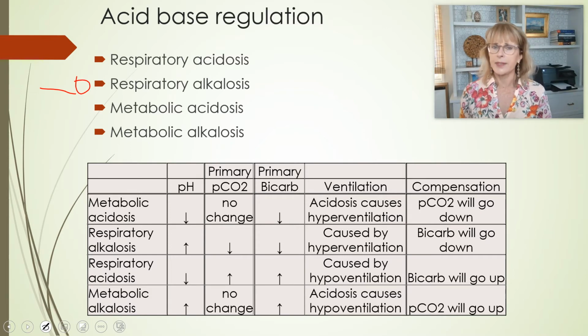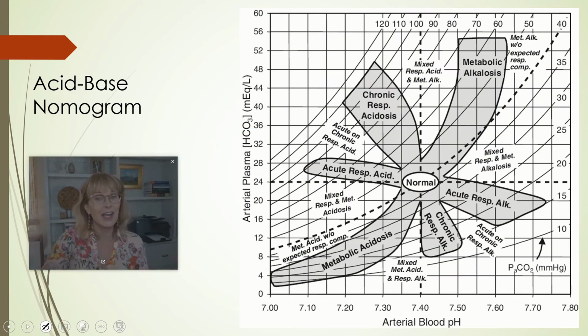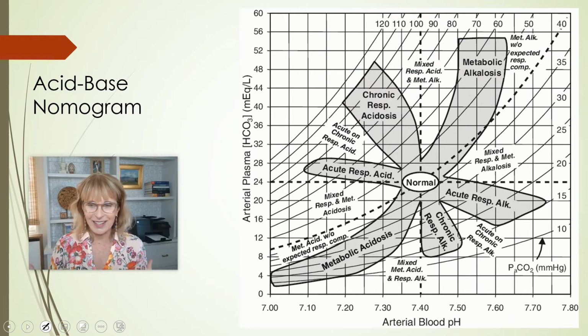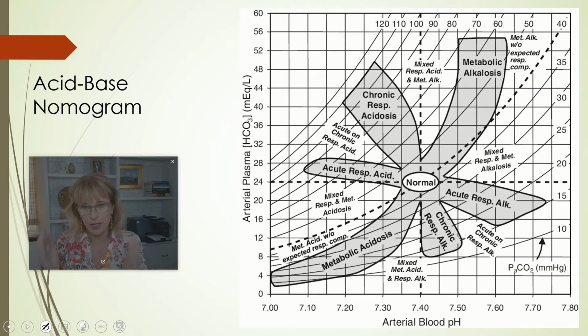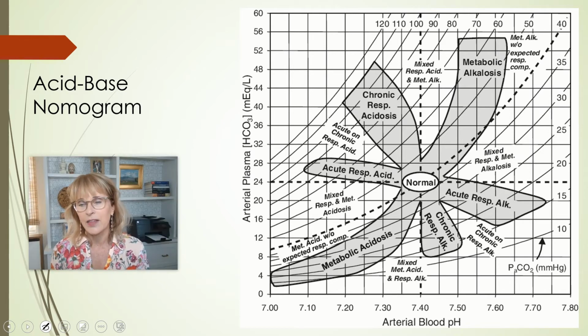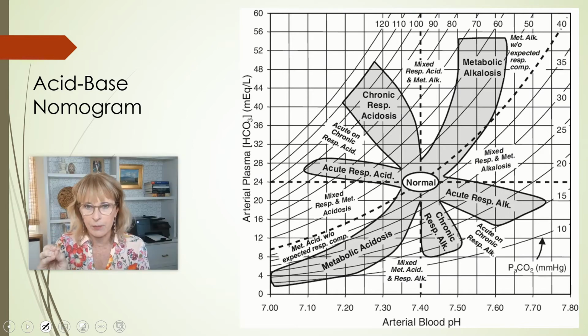Right now, I don't want to dwell on this too much. This, by the way, is called an acid-base nomogram. Particularly when you're doing your anesthesia rotation, this is the kind of thing that you need to learn. But I don't need you to memorize this. I do want you to know something though, okay?